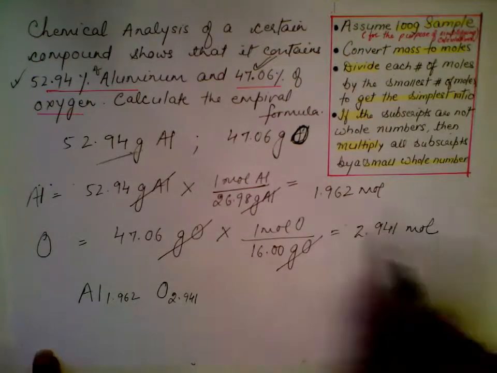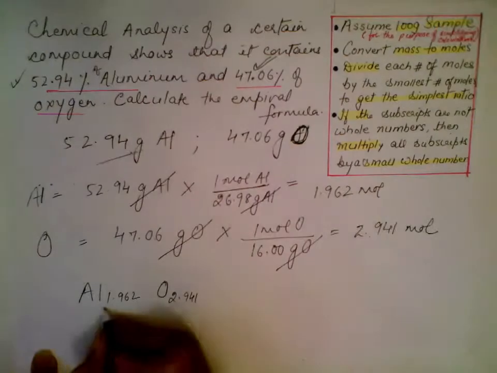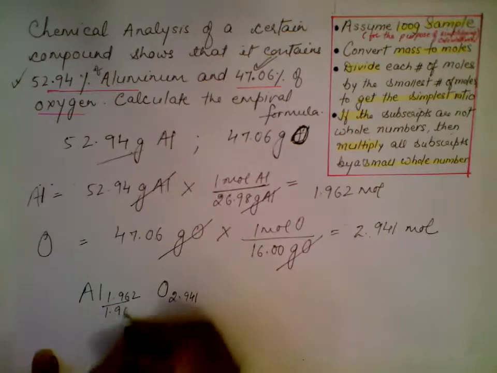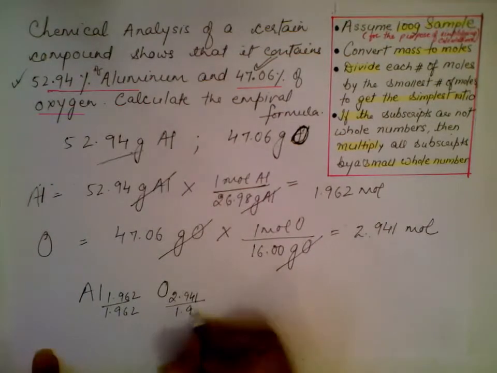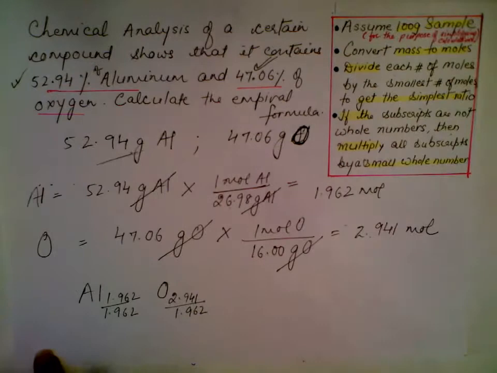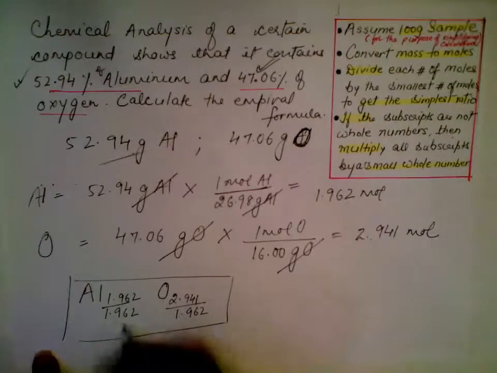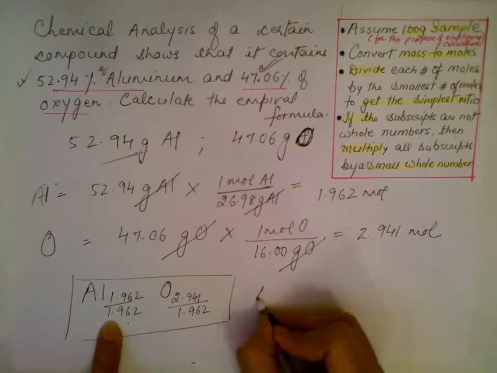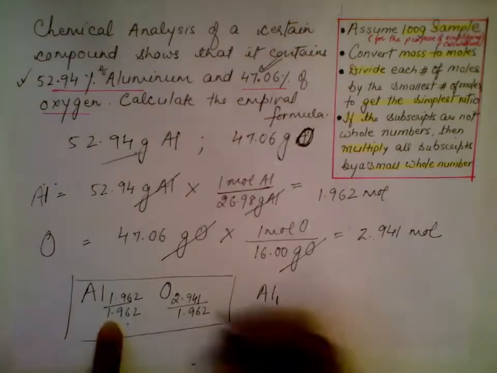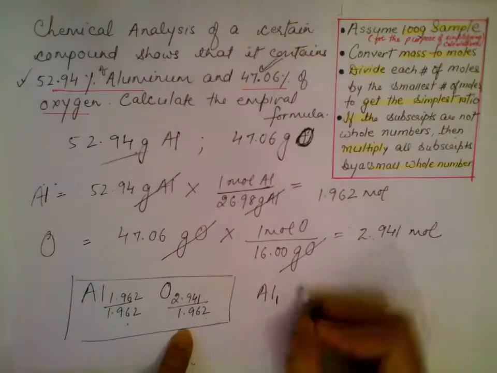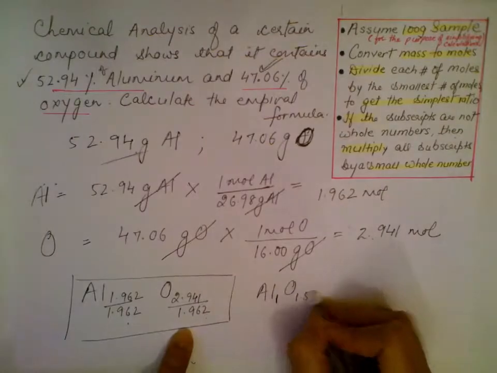Which one is smaller here, this or that? It is 1.962, and this also we divide by the smaller number, 1.962. Use your calculator. When you divide the same number, you always get 1. The subscript will be 1. And when you divide these two numbers, you are going to get 1.5.